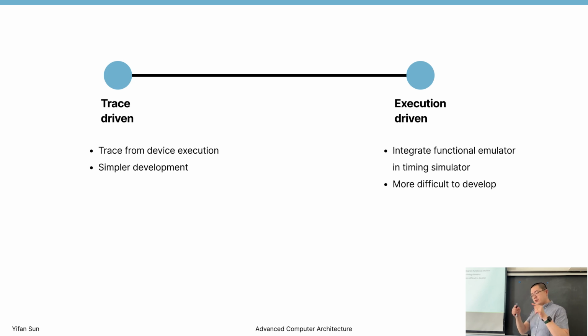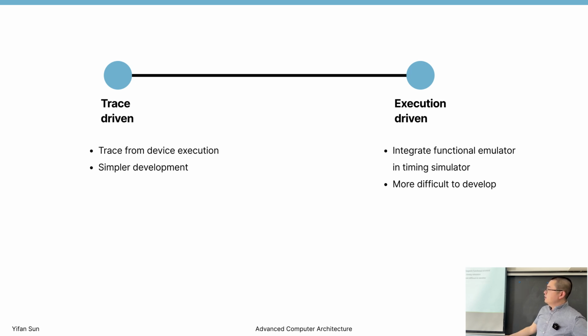The simulator just replays all these instructions, and then we can have an estimation of the execution time. In that case, a trace-driven simulation is more likely to be a timing-only simulation, without functional emulation, where we feed the execution instructions into the timing simulator.